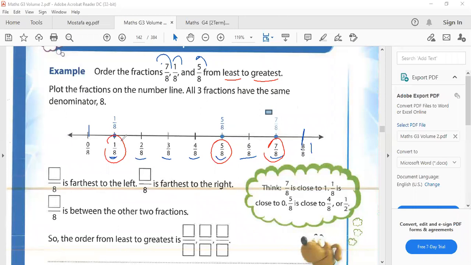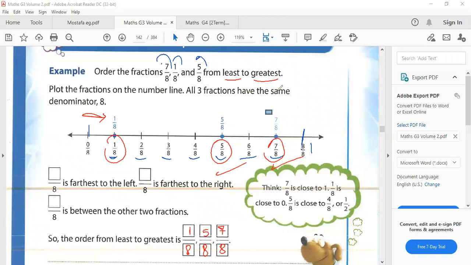So from least, going to the right, which one comes first? 1 over 8. So this is the first fraction, the least fraction. Then we're gonna find 5 over 8. And finally, the greatest fraction is 7 over 8.